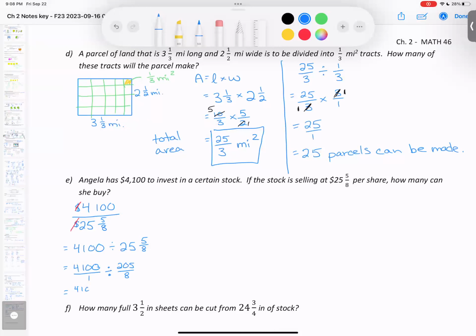So we have 4,100/1 multiplied by the reciprocal here, which is 8/205. We're dealing with some big numbers here, but you might notice that the 205 would be half as much as 410, and we have 4,100. So there are some common factors there.